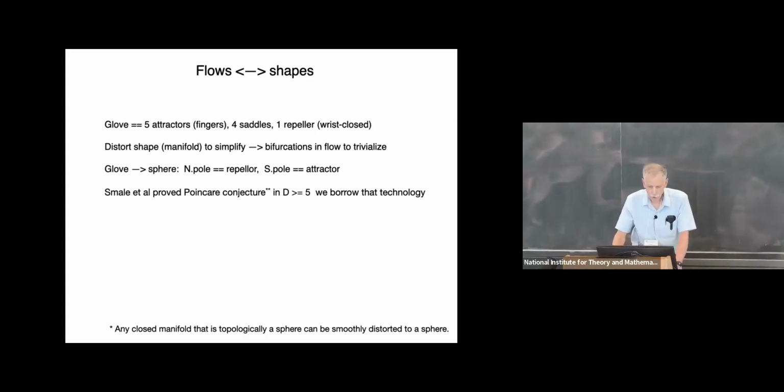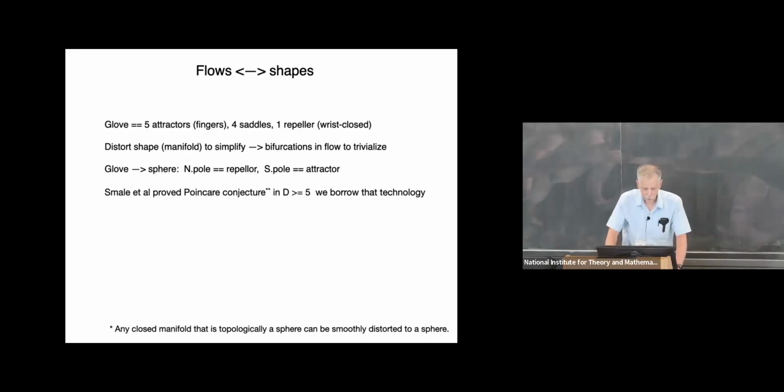So we want to equivalence flows and shapes. That's how the mathematics works. So a glove has 5 attractors, which are my fingers, 4 saddles between the fingers, and 1 repeller of the wrist. And you could all visualize how to distort that shape, the manifold, and turn it into a sphere, i.e. the North Pole is the repeller, the South Pole is the attractor, and the two are topologically equivalent.